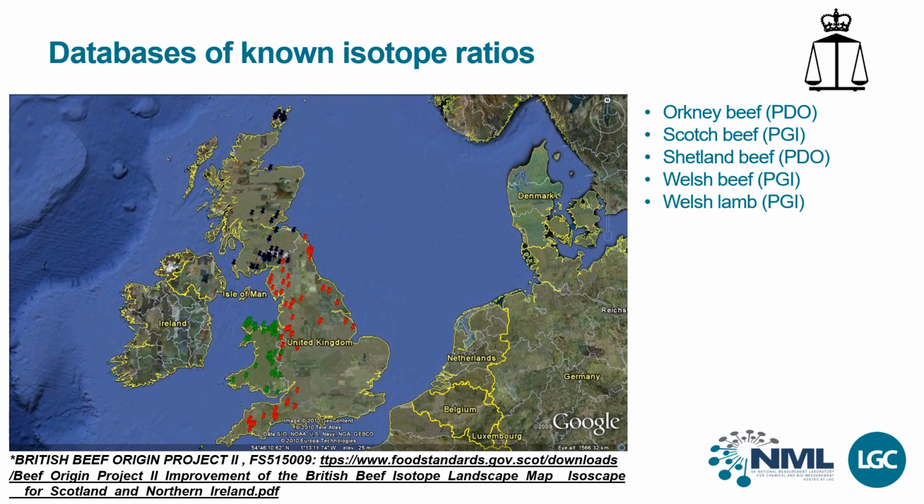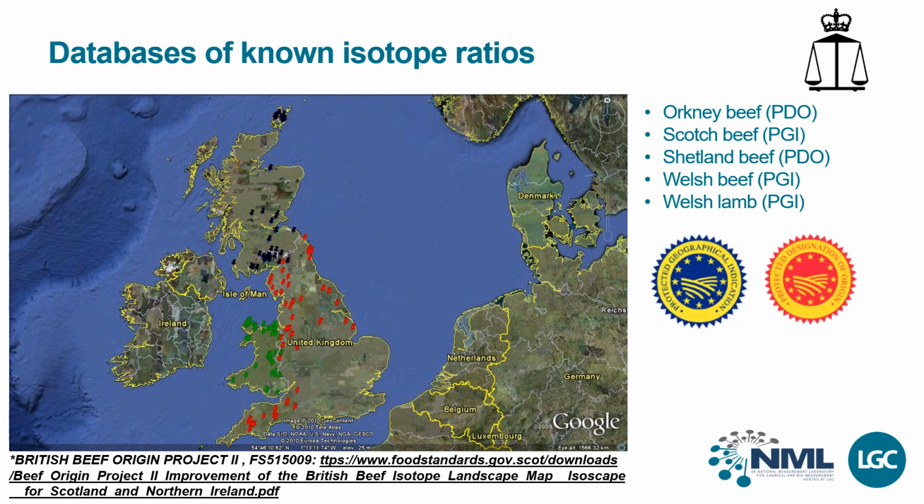However, the devolved nations all have their own protected beef brands such as Orkney, Scottish, English, Welsh beef and so on, which carbon isotopes cannot distinguish. To resolve this, a multivariate model is required, incorporating all of the light element stable isotope ratios as well as heavy isotope ratios and multi-element concentrations that markedly improves differentiation of the geographical origin of beef across the British Isles.